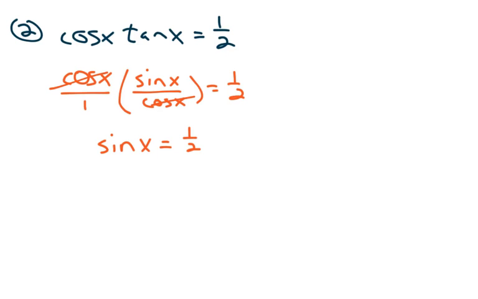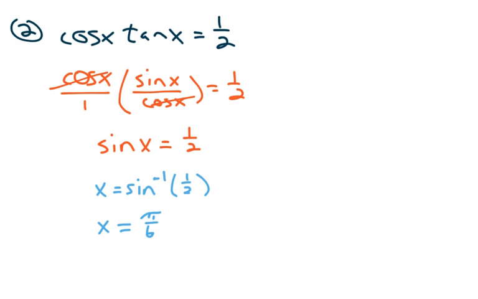Okay, so from here we just have a single step remaining. We need to take the sine inverse of both sides. So we can say that x is equal to the sine inverse of 1/2. And if you type in sine inverse of 1/2, what you're going to find is that your x value, and again, we're still in radians, is pi over 6. And if you remember the plus plus minus minus rule, the sign is positive in quadrants 1 and 2.